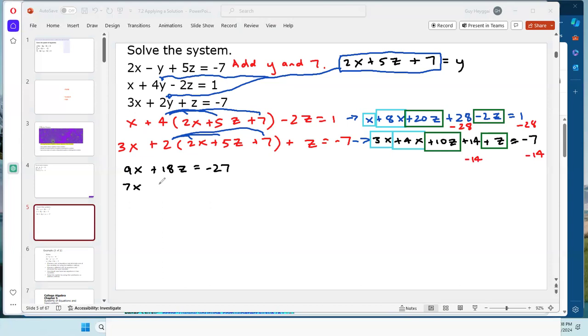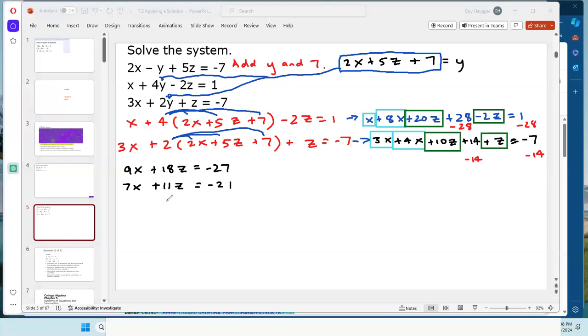Okay, that's not tricky. Equals -21. Okay. So now, it took some work, but it wasn't hard work. And now we've got ourselves down to a 2x2 system.